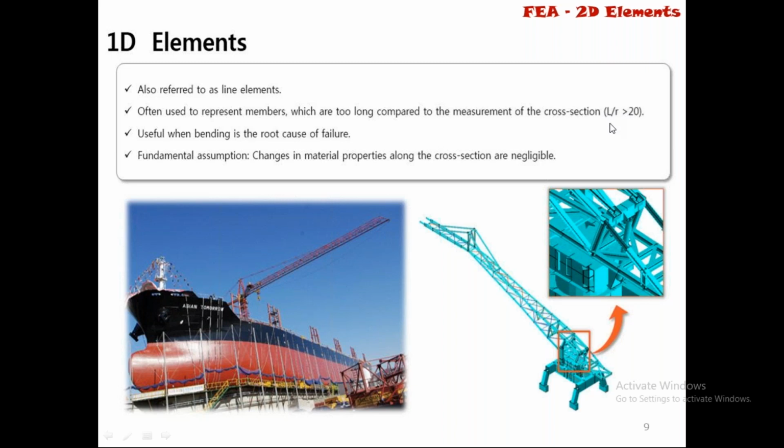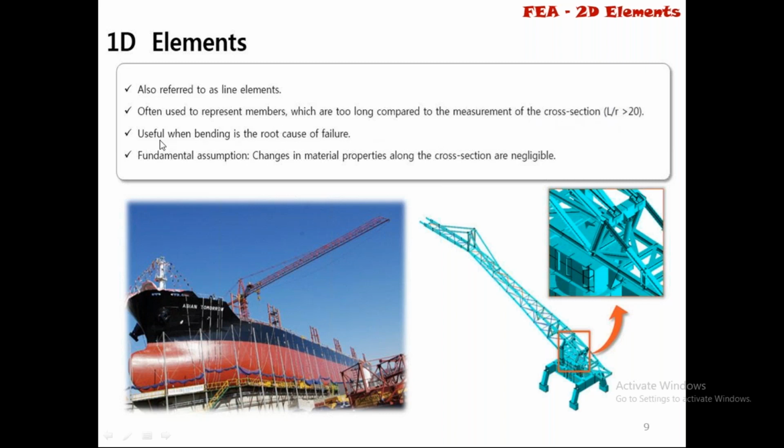If this ratio is greater than 20, then that element is called a linear element, long element or 1D element. You cannot consider chalk a linear element because that ratio is not greater than 20.